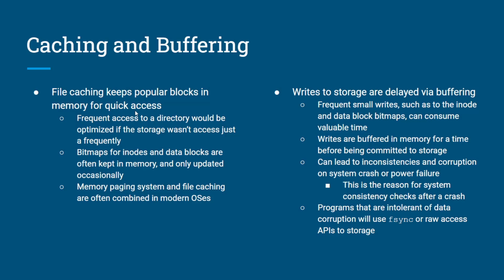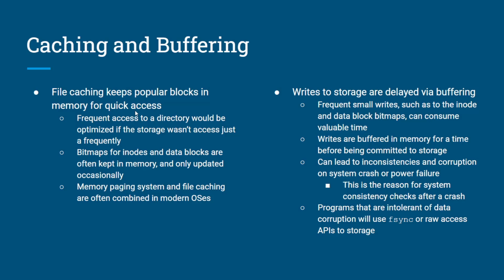There's a lot of caching that goes on for files that are accessed, especially when it comes to the bitmaps for inodes and data blocks, because those bitmaps are frequently looked up and modified, and so it's good to have those cached in the system, as well as the inodes for very popular directories and files that need to be referenced fairly frequently.